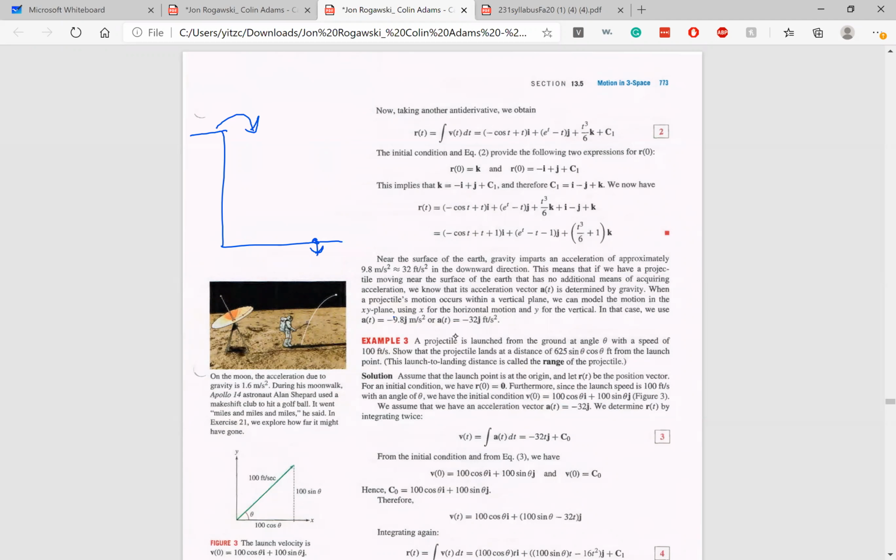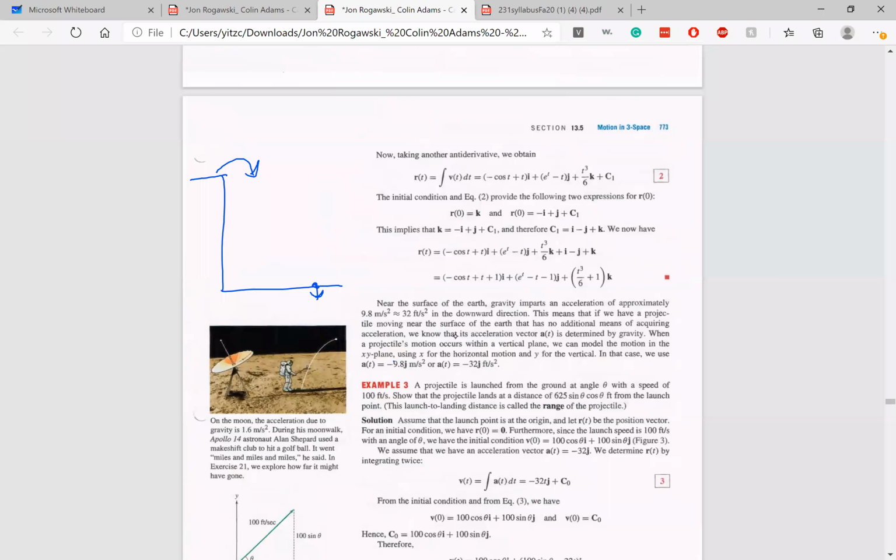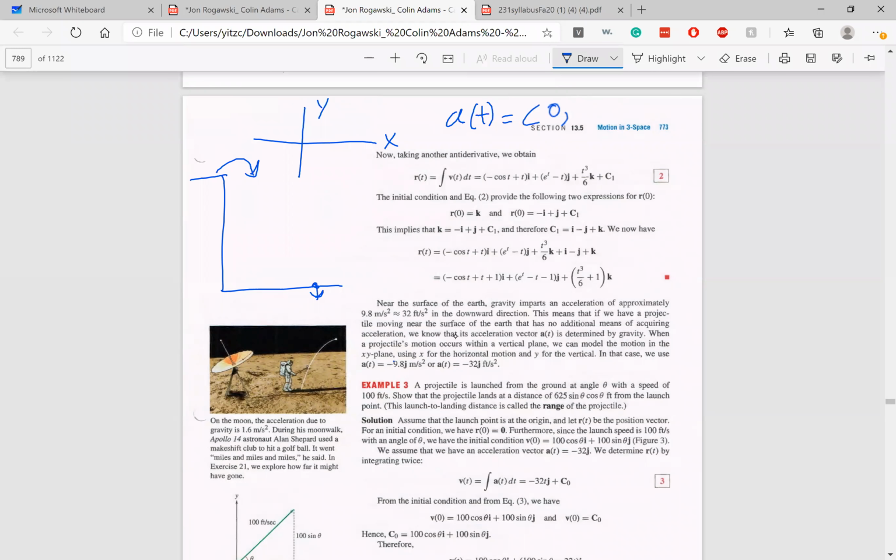And this is just in 2 coordinates. So here's your x, here's your y, so it would be in your j. So your a(t) is equal to 0 and negative 9.8.